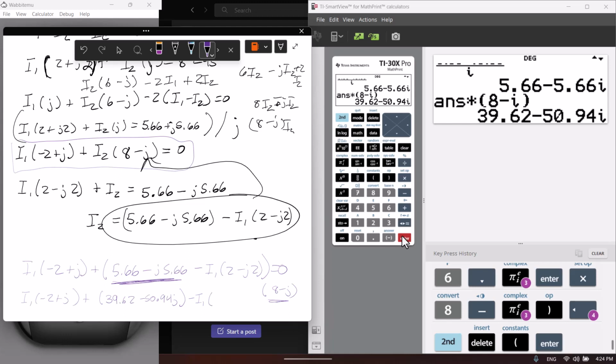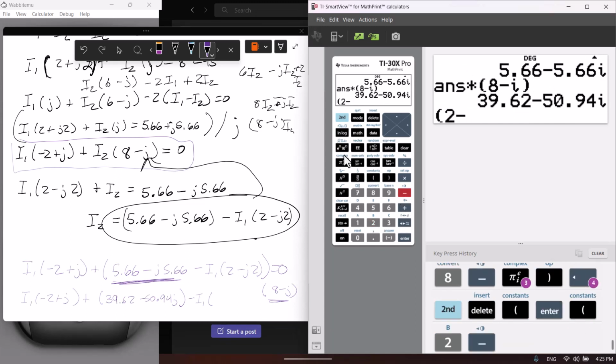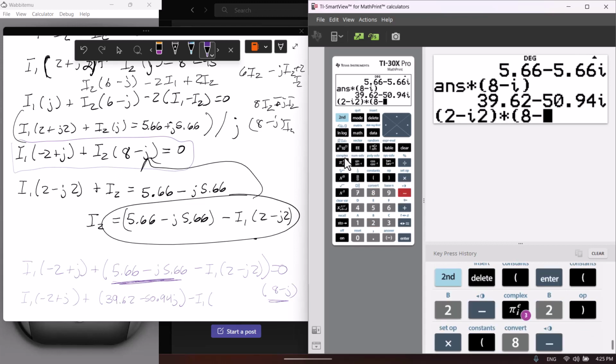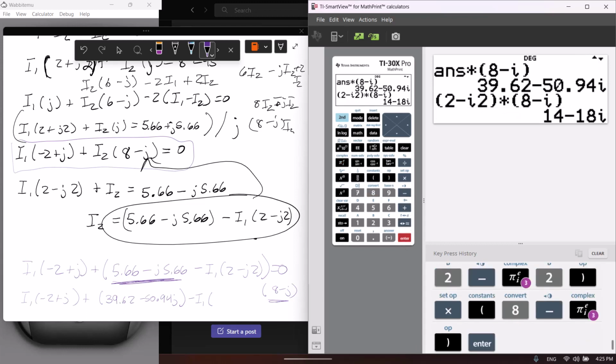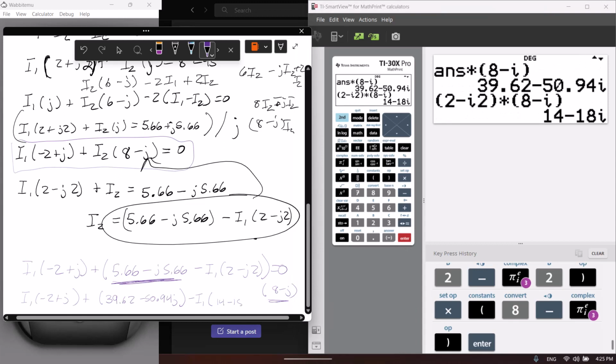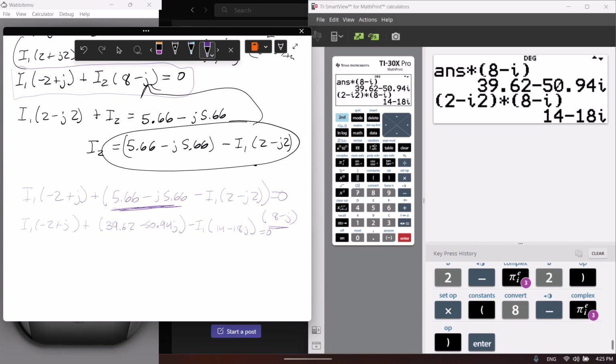Now I'll multiply (2 minus j2) times (8 minus j). Minus 18j equals 0.